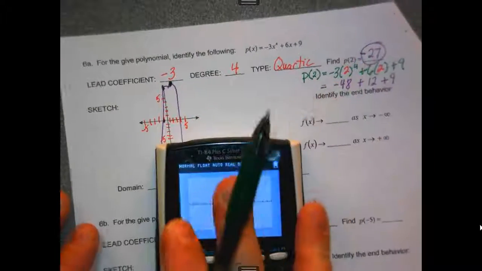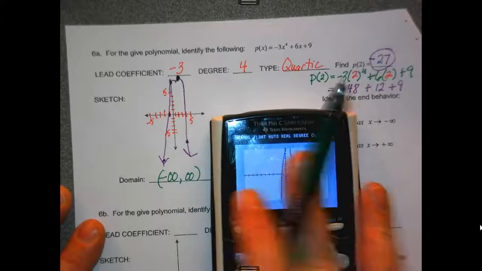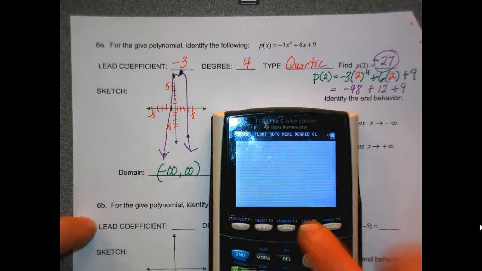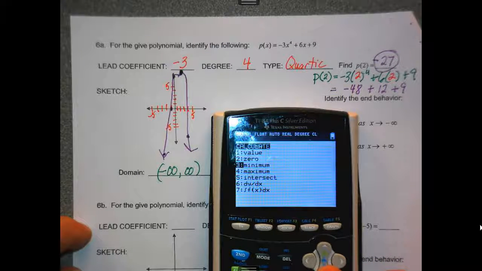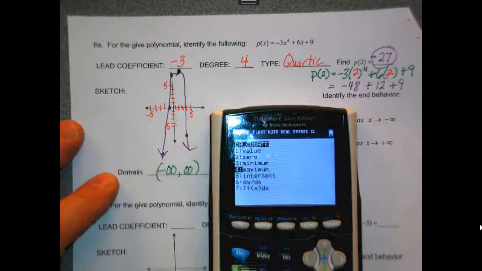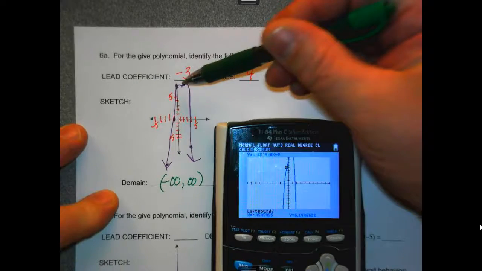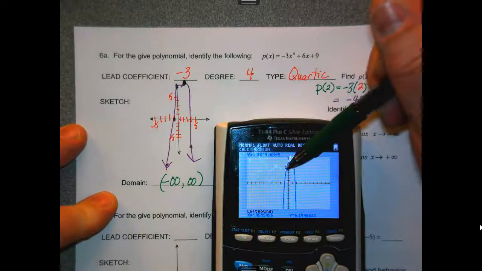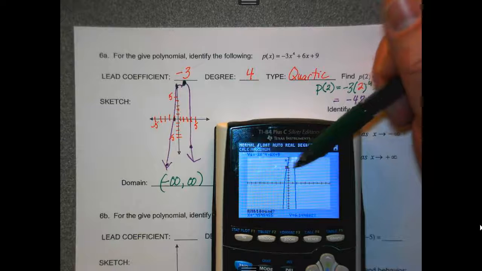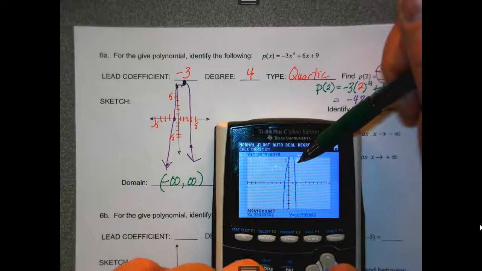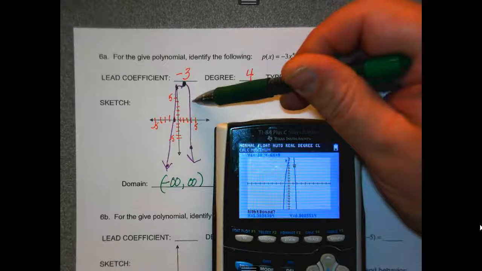Go back to your calculators. So I'm going to do second trace for the calculations. I need to get the maximum. I'm going to hit enter. Left bound, anywhere left of that maximum point, which my cursor is. I'm going to hit enter. Get my cursor to the right of that vertex or maximum point. There it is. It's to the right of it. So I'm over here somewhere.